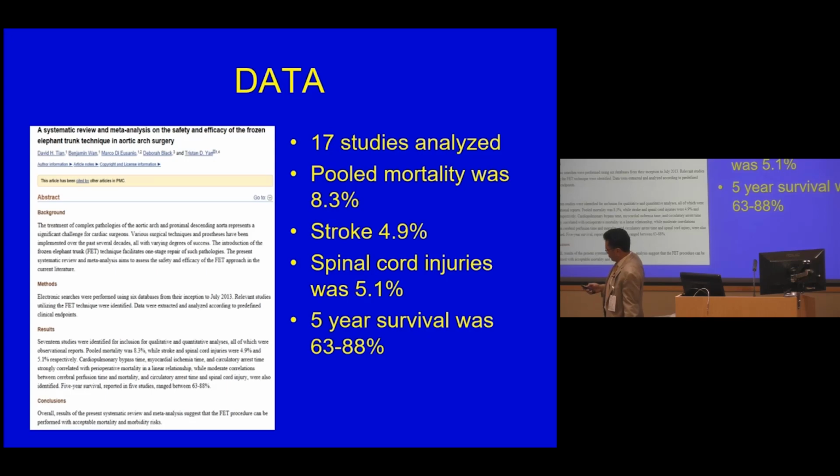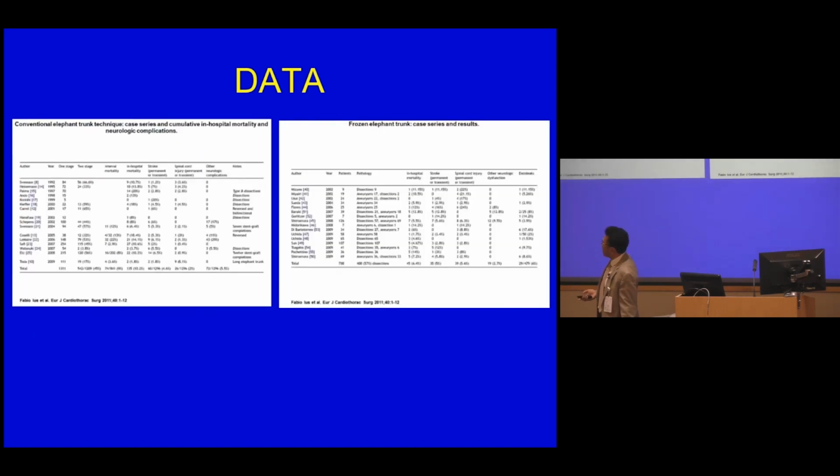Spinal cord injury, however, was a little bit high, 5.1%. The 5-year survival was between 63 and 88%. The summary is that these are pretty acceptable morbidity and mortality in patients that are very complex to begin with, and it really doesn't take that much time to perform the technique.